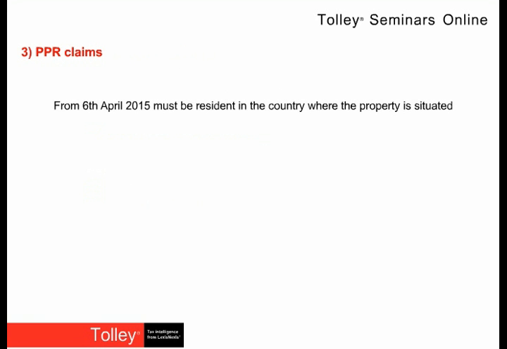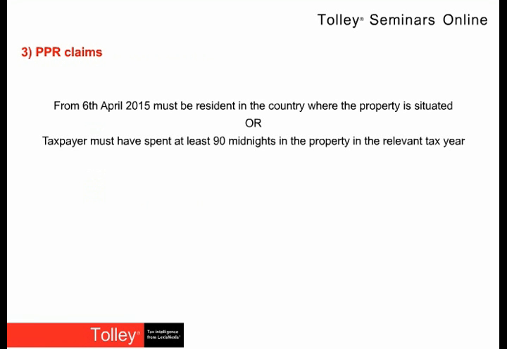So from the 6th of April 2015, anyone who wants to make a claim that a property they own is eligible for PPR relief must be resident in the country where the property is situated. If they're not resident in the country where the property is situated, they will have to show that they have spent at least 90 midnights in the property in the relevant tax year for which they are claiming that that property counts as PPR.